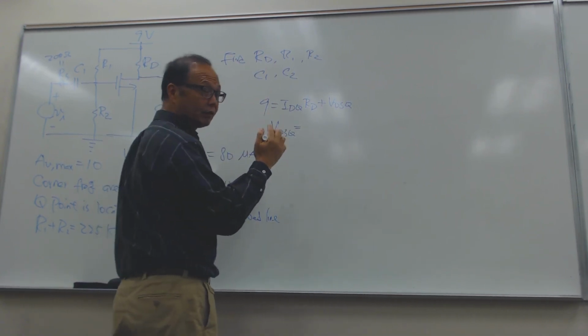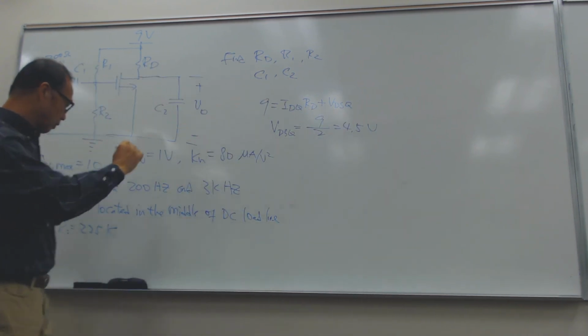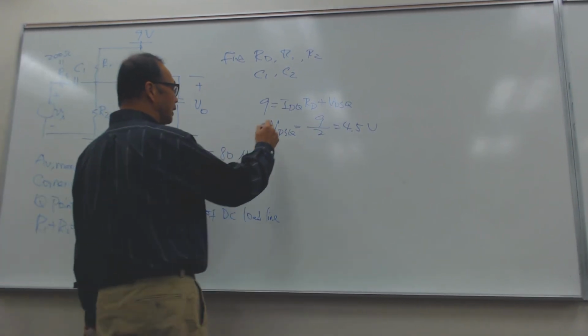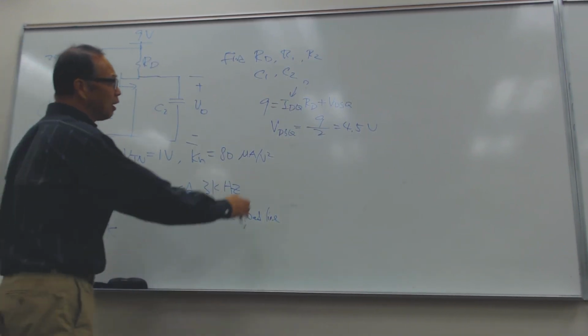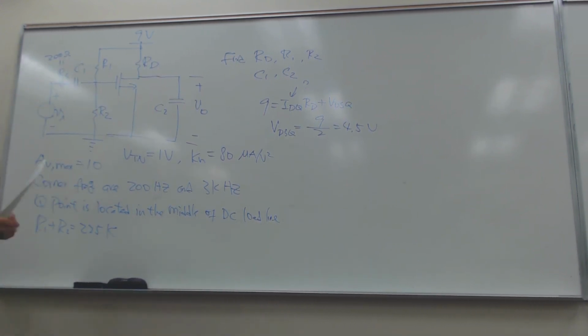It is half, 9 divided by 2, so it's 4.5 volt, according to this information. Now the question is, what is IDQ? That is unknown, because if this is known, then you can find the value of R sub D. So we are not going to make it here.